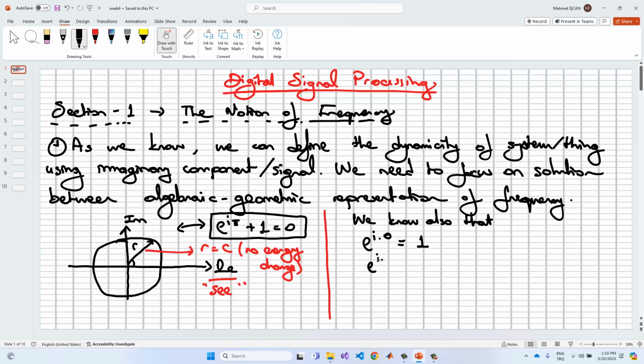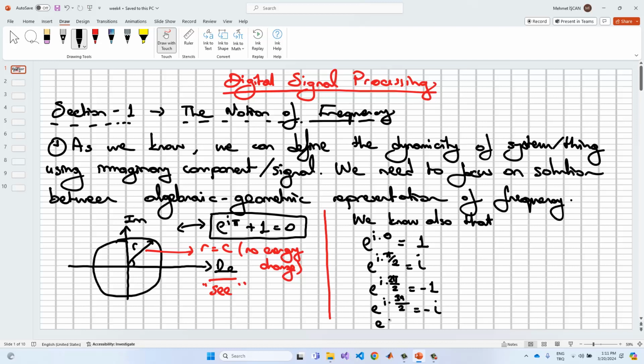Exponential i pi divided by 2 is equal to i, right? And e to the i pi is equal to minus 1, right? And exponential i 3 pi divided by 2 is equal to minus i.